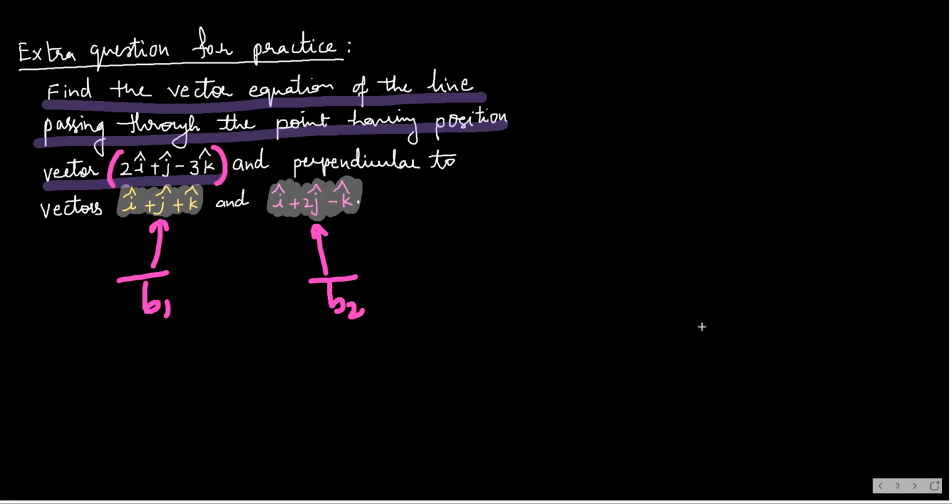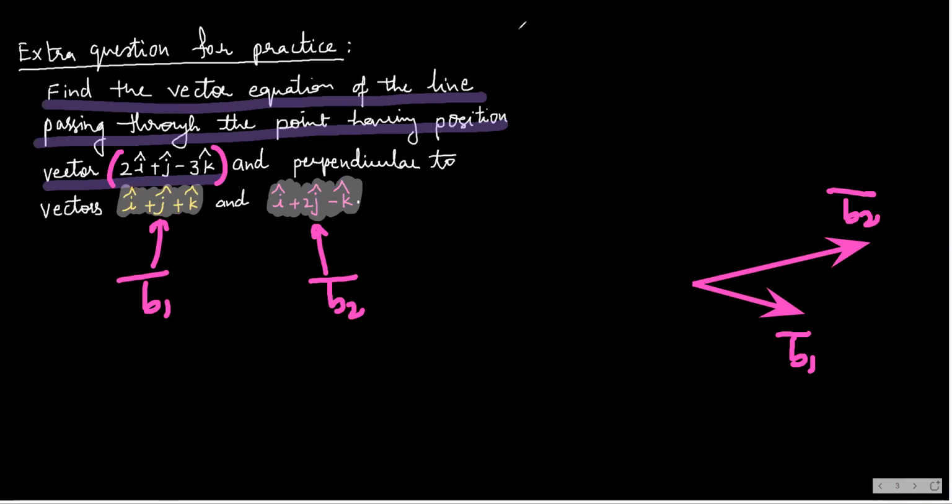So let me first draw b1 bar. Here I have vector b1 bar, and then I have another vector b2 bar. These are the two vectors I have.